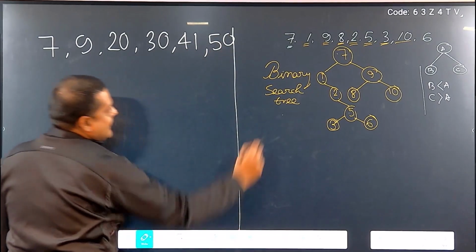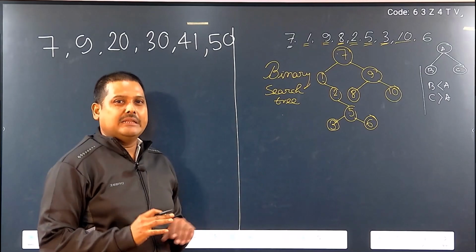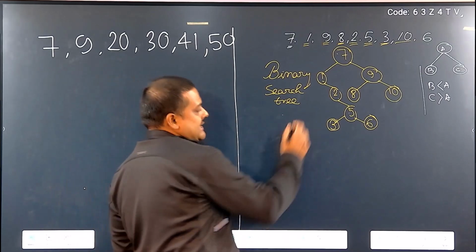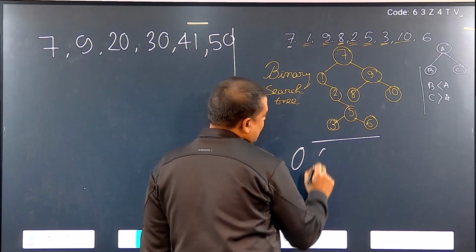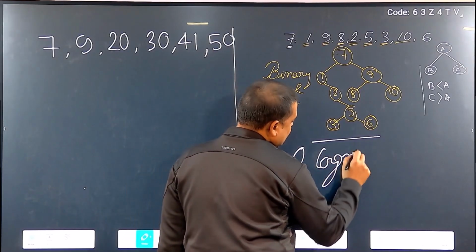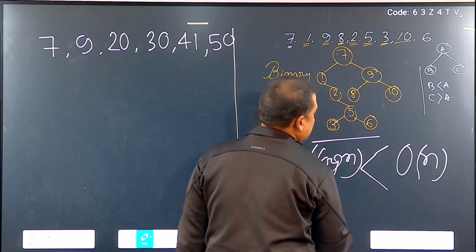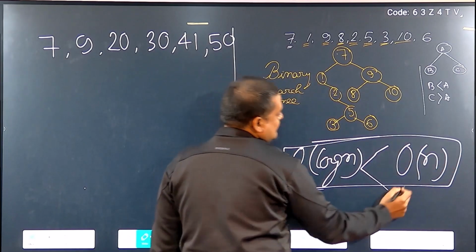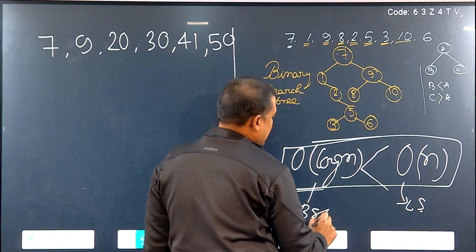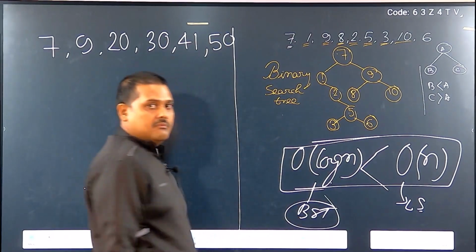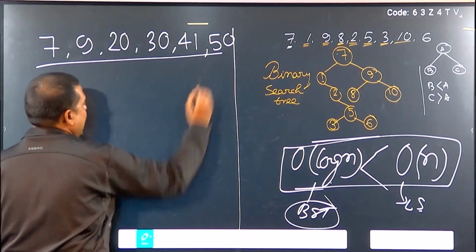If we make a proper arrangement, then the time complexity is minimized to big O of log n. That is definitely lesser than big O of n, which is the case of linear search. But the problem is whenever the elements are in this arrangement.